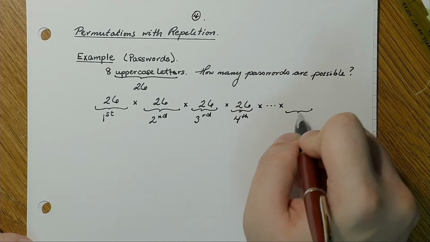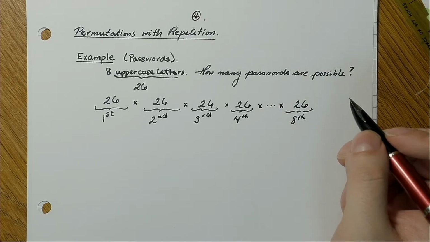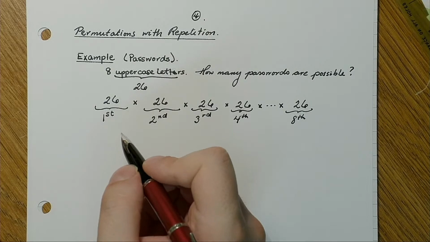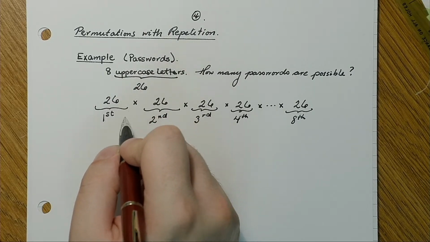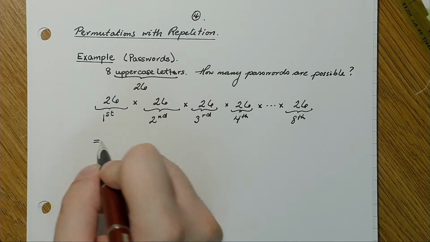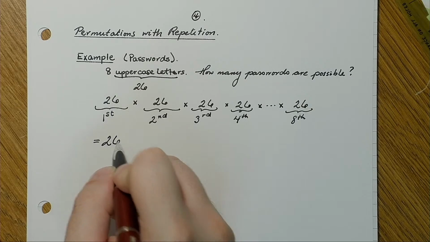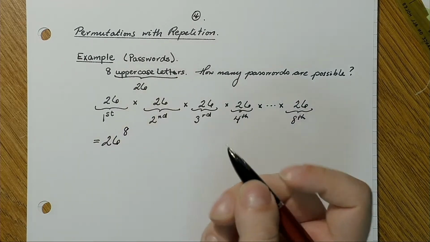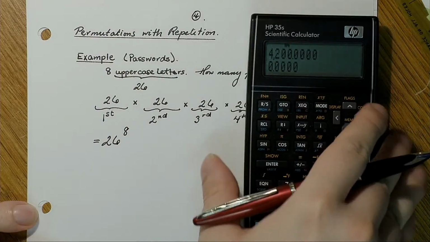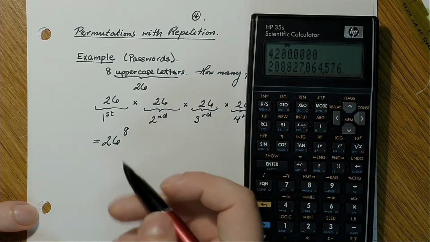And for the last one, the 8th, there's 26. So I'm not going to write out the 5th one, the 6th one, 7th one. So I can write that quickly as 26 to the 8th. And that's quite a large number. So 26 to the 8th.